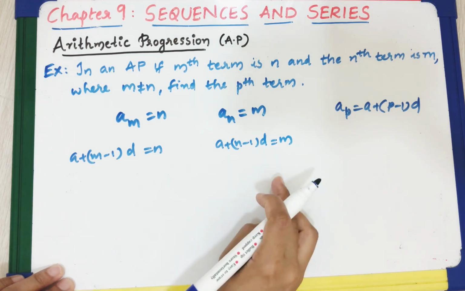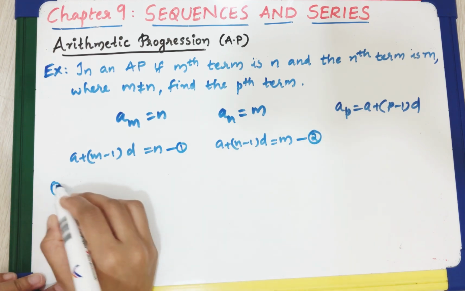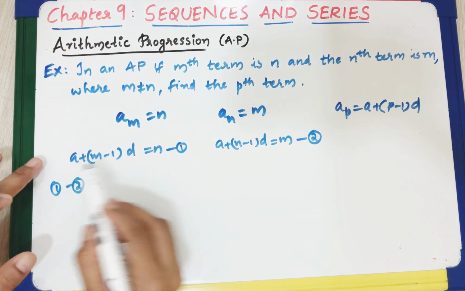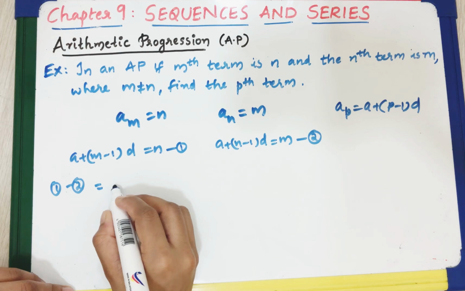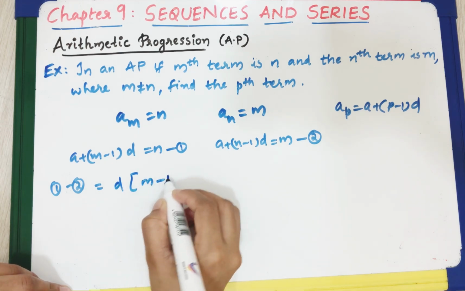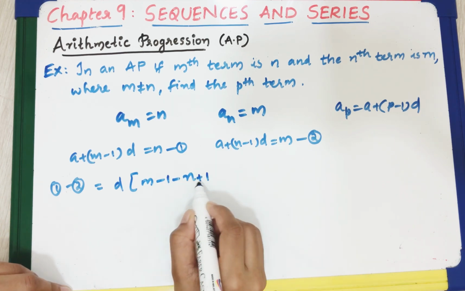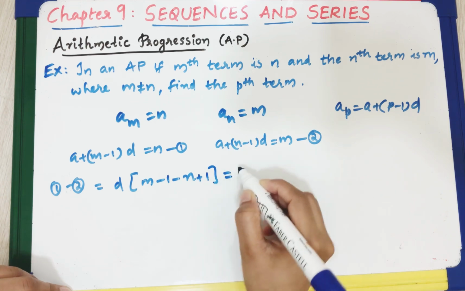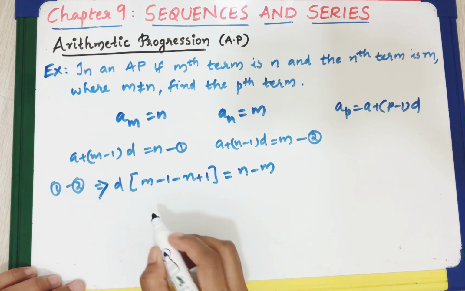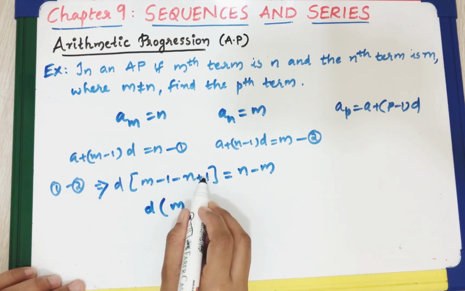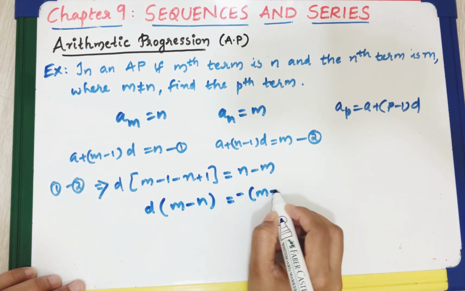Now we can solve these two equations. Let it be 1 and let it be 2. Now 1 minus 2: a minus a is 0, d into m minus 1 minus n minus 1, which is m minus n by removing the bracket, is equal to n minus m, which is d into (minus 1 plus 1 is 0) m minus n is equal to n minus m, or minus of m minus n.